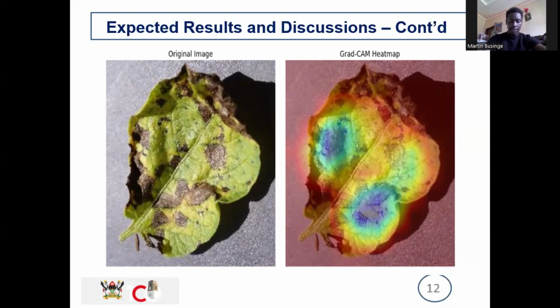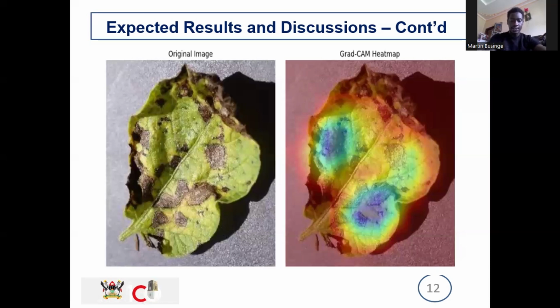So the bright regions, which you can see there, colored with red, orange, and yellow, those are the regions where the disease is present. And then the cooler colors, the other regions, have less significance, which means they are not really helpful to the model when it is detecting the disease.